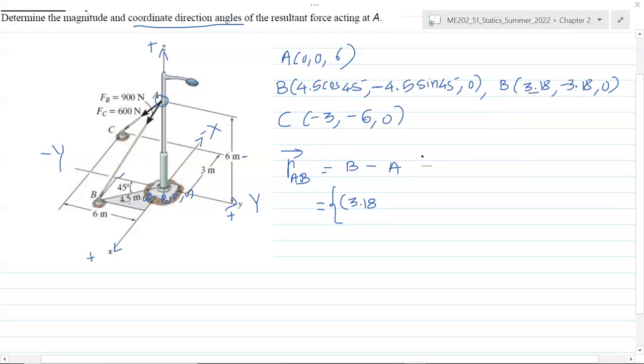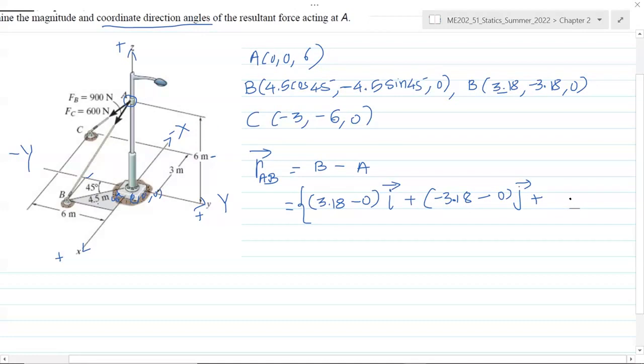A has 0 for x, so it's minus 0, and the unit vector in that direction is positive i. For y, B has value minus 3.18, minus 0, and j. For z, coordinates of point B are 0, minus A has 6, and the unit vector in that direction is k.